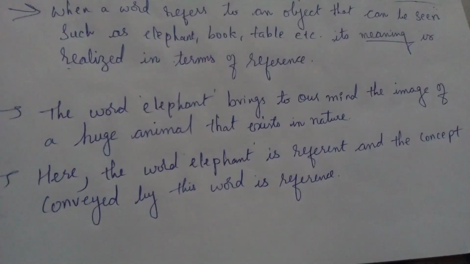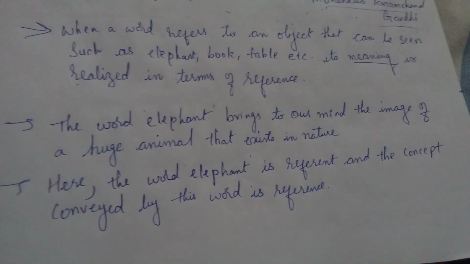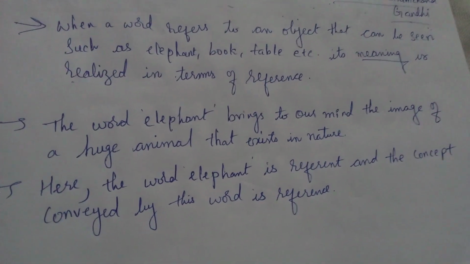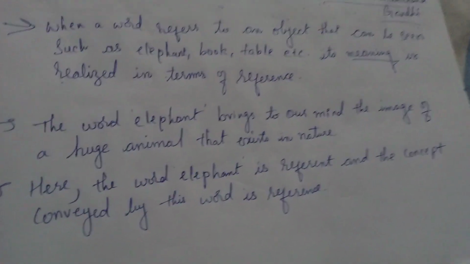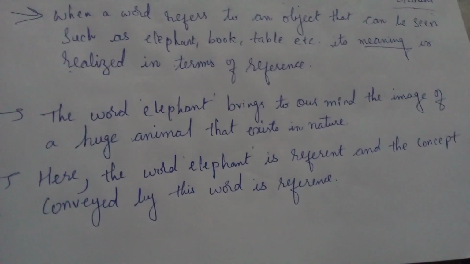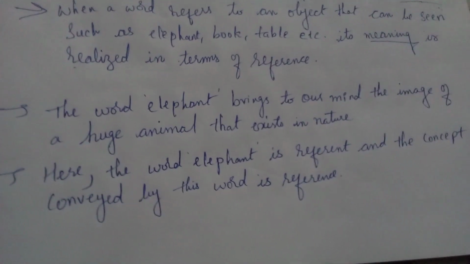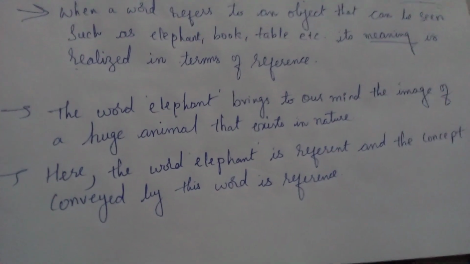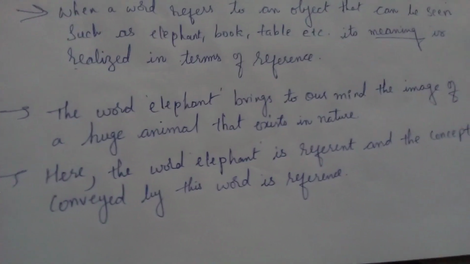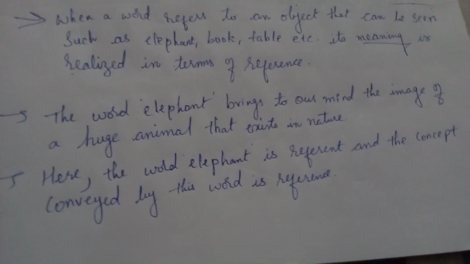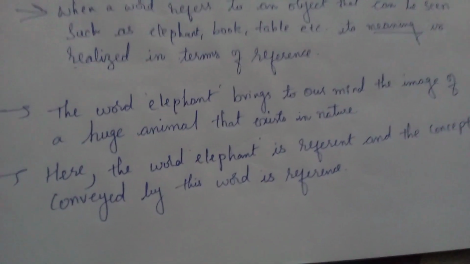We can imagine in our mind, as if we are observing directly, what is happening. So with what? With the object which we have seen. So those are reference. We are referring to a specific object.